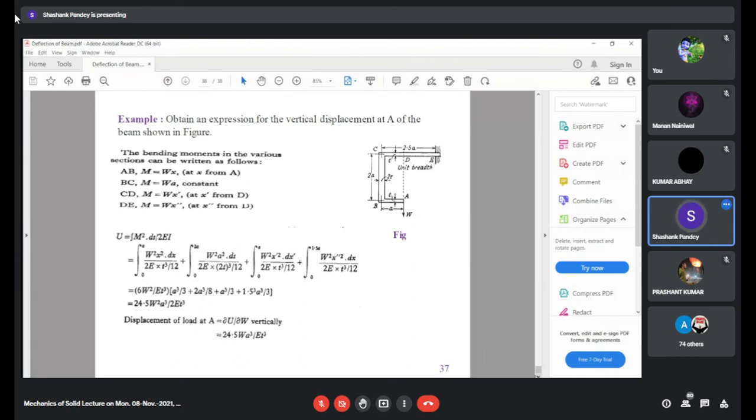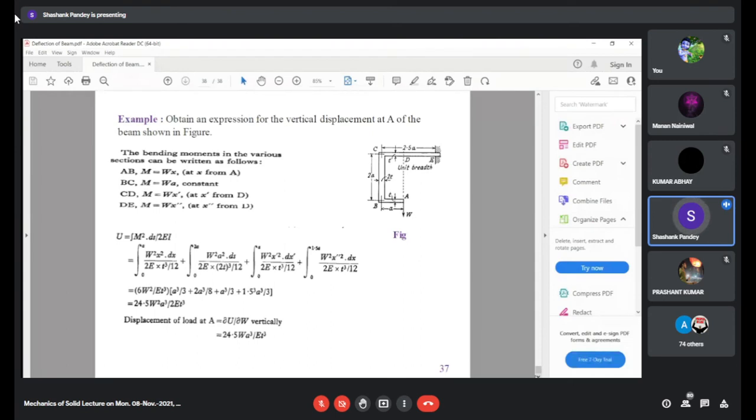We have four portions, that is AB, BC, CD, and DE, so we will write this expression for the strain energies. We will substitute the corresponding value of X, that is the distance from the loaded end, and integrate.